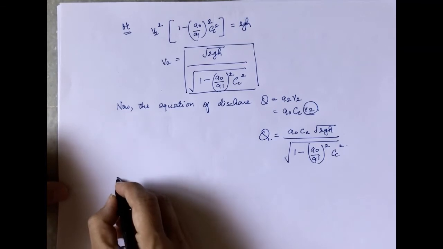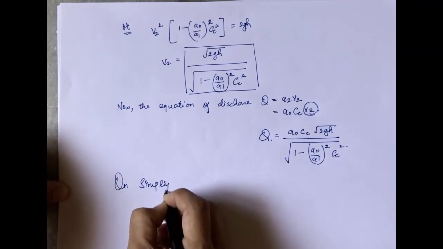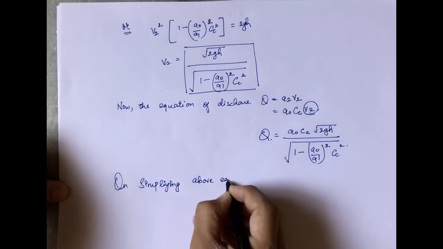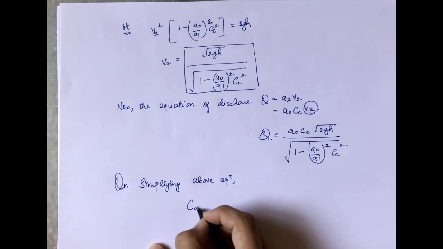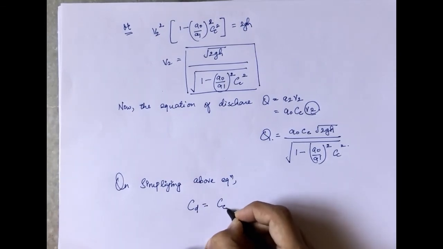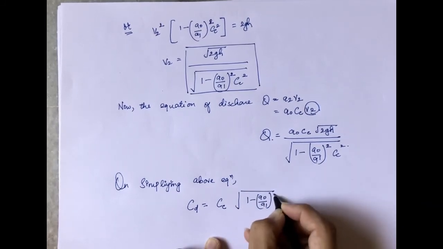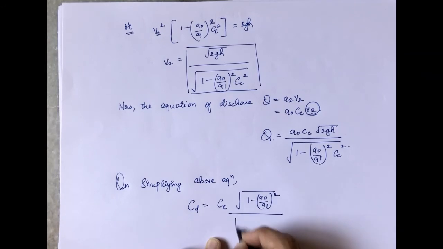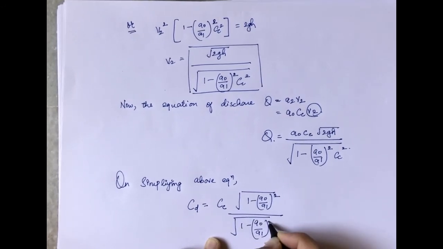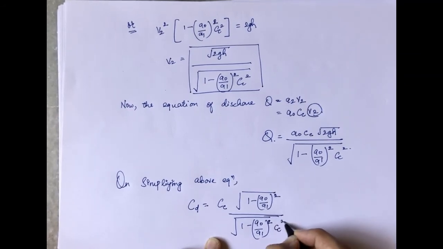Now on simplifying the above equation, we will get the coefficient of discharge Cd is equal to Cc under root of 1 minus A0 upon A1 whole square upon under root of 1 minus A0 upon A1 whole square into Cc square.